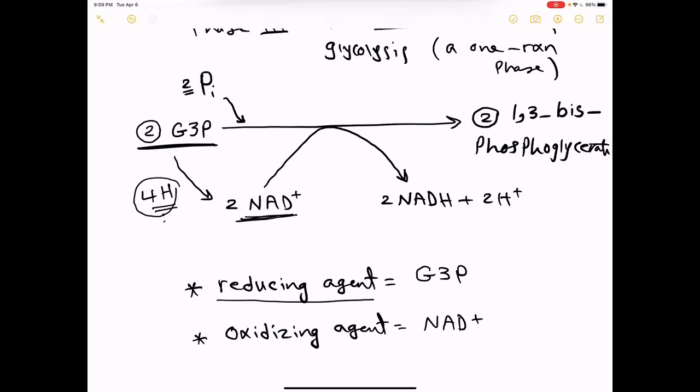And now, NAD plus is taking the hydrogen away from glyceraldehyde 3-phosphate. So it is the reason glyceraldehyde 3-phosphate is becoming oxidized, hence oxidizing agent. So do not confuse what is being oxidized with the oxidizing agent, because they are actually the opposite.